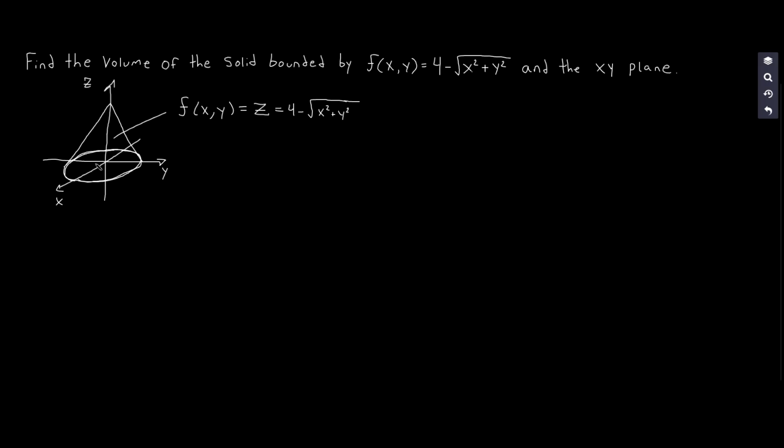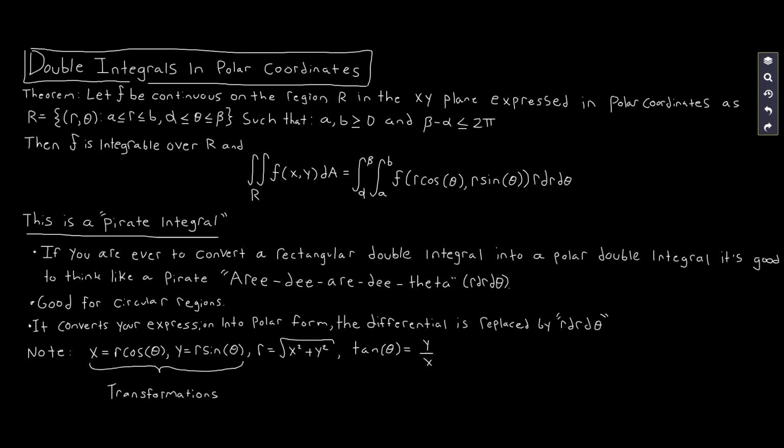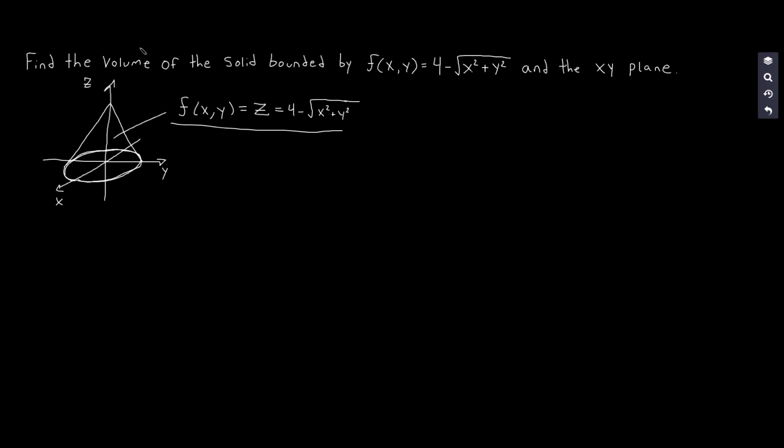So the thing to do now is to convert this function that we have here into r's and thetas. And so we'll go back to look at this, and we'll say, well, r equals the square root of x squared plus y squared, right?